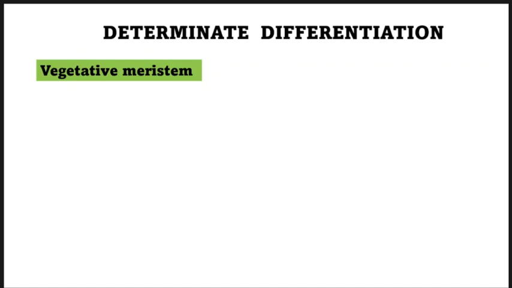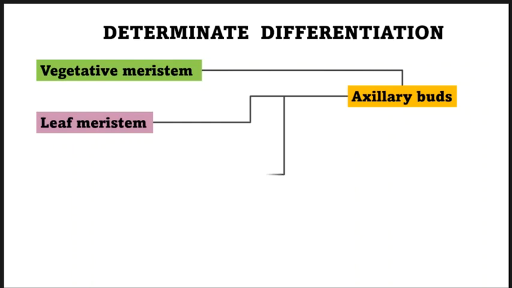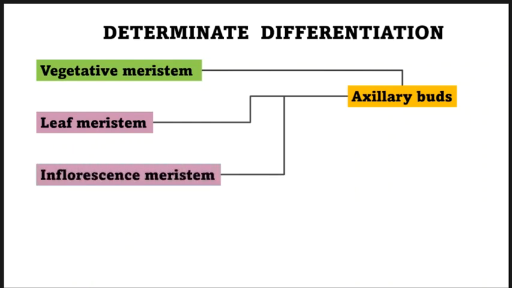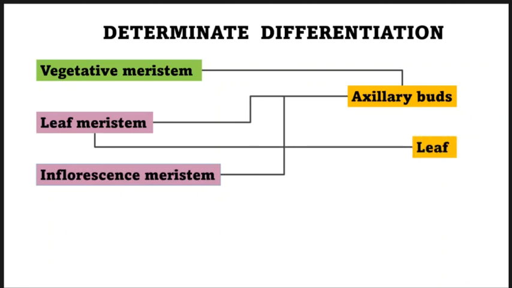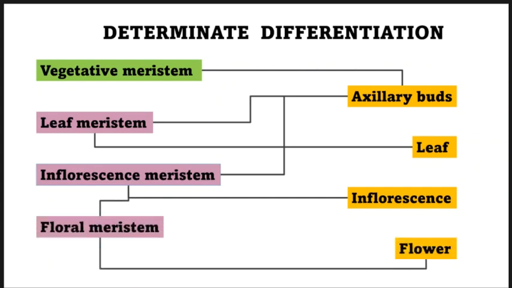The vegetative meristem gives rise to axillary buds, which give rise to leaf meristems, and axillary buds sometimes can also give rise to inflorescence meristems. Leaf meristem gives rise to leaf, inflorescence meristem gives rise to inflorescence and some flower meristem, and flower meristem gives rise to flower. So this is how the sequence will always be definite.